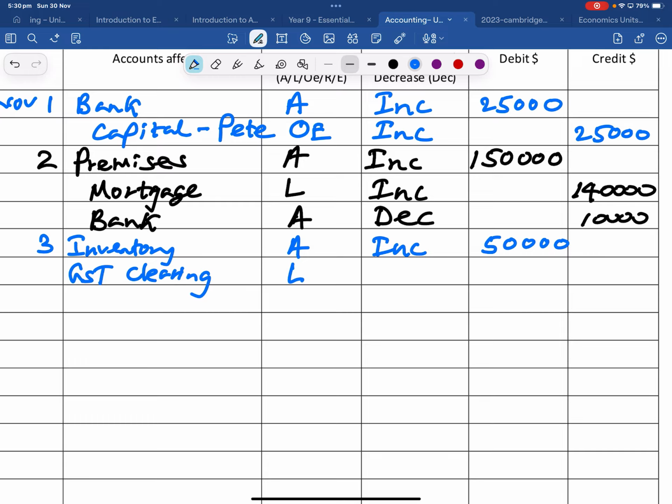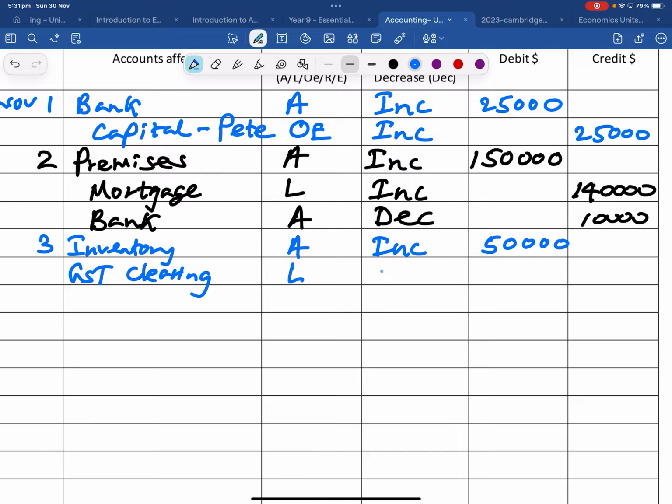Increase, increase, increase. All of you are wrong except him. When you buy it, what happens to the GST? GST decrease, yes.